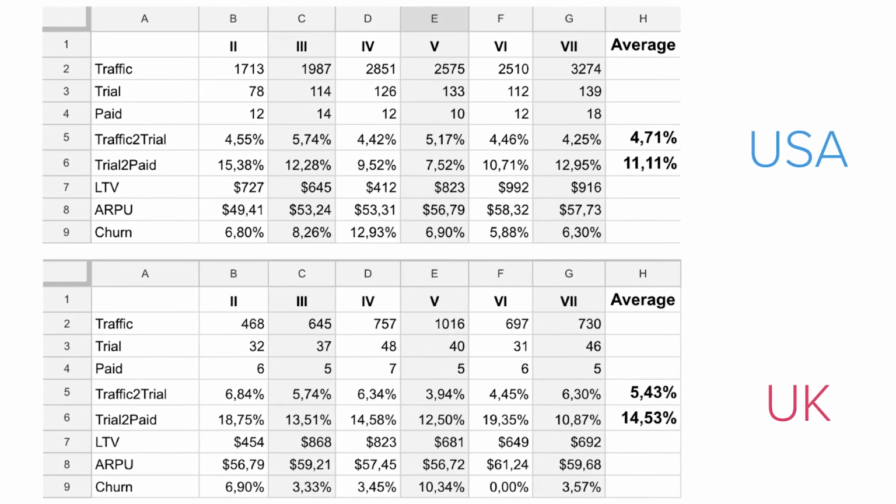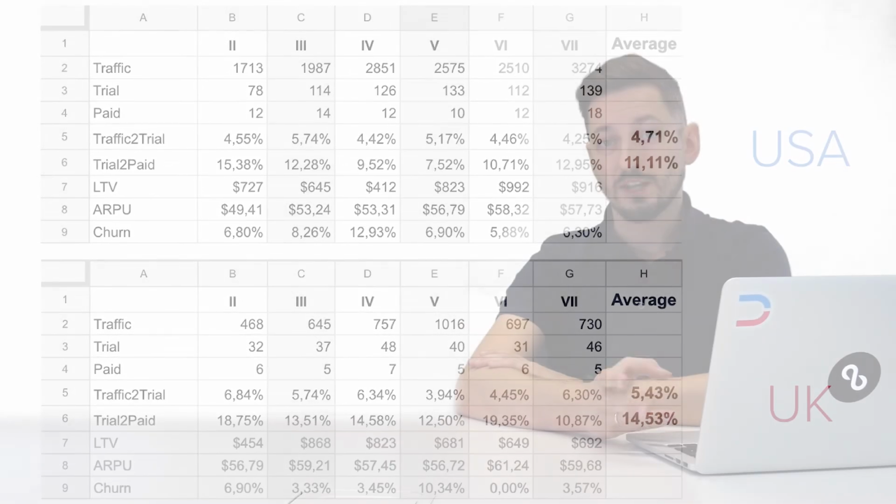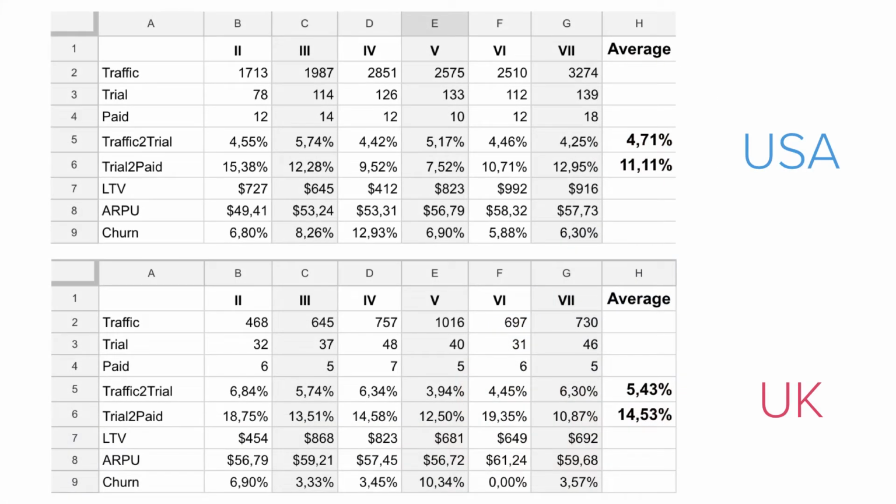We measure the metrics for each country, let's say the top 10 countries among our customers. What is important here is that you should focus on the average conversion rates across your funnel in different countries.